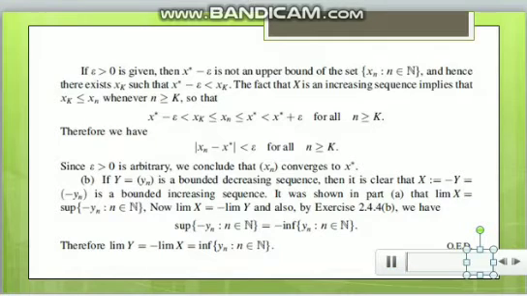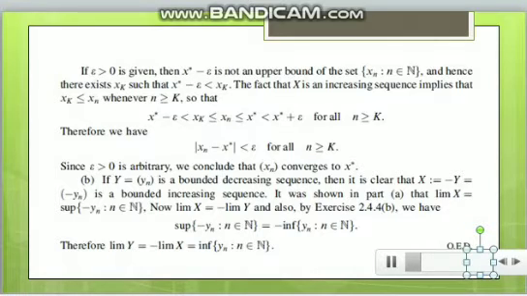If epsilon greater than 0 is given, then x* minus epsilon is not an upper bound of the set xn, n an element of the natural numbers, and hence there exists xk such that x* minus epsilon is less than xk.